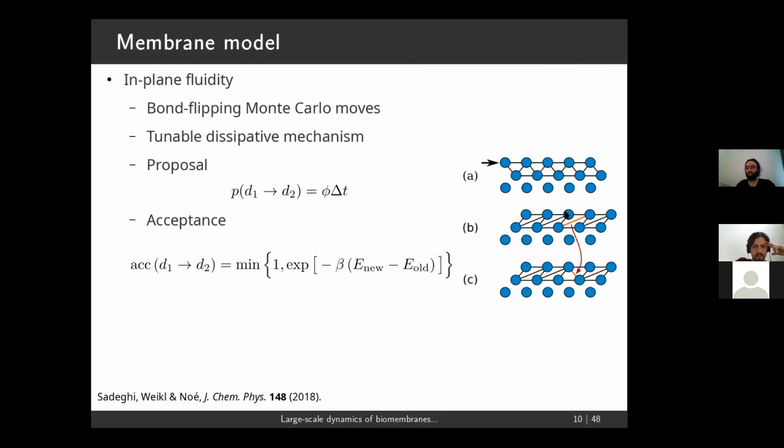One diagonal could be flipped to the other, and one particle can through time change its neighbors. And in order not to disturb the equilibrium distribution in the model, we need to do that through a Monte Carlo move. So propose the bond flipping move with a certain frequency, and then accept or reject it based on the change in the energy through the Metropolis-Hastings scheme.